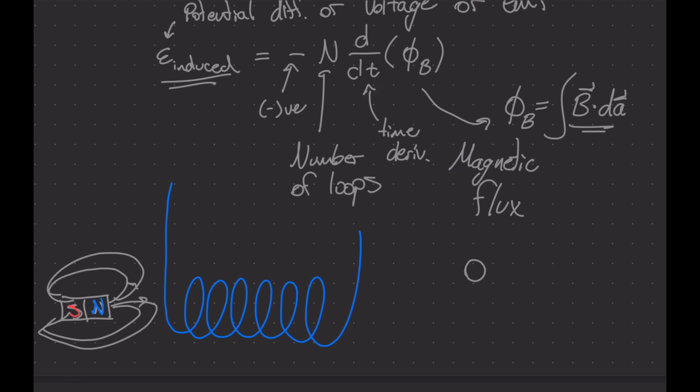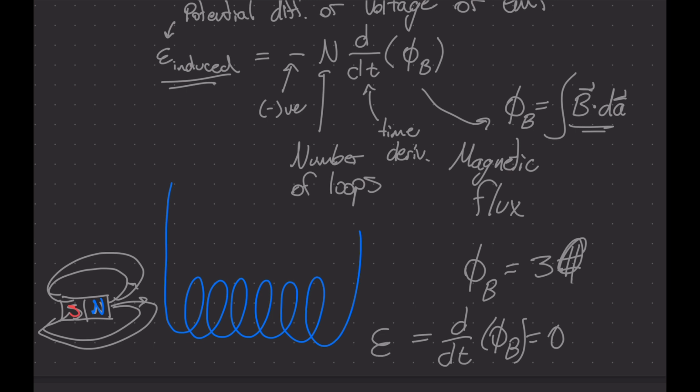So if the magnetic flux is just equal to like 3, whatever the units are, some random arbitrary units, then d/dt, the derivative of flux, will give you 0. And then that means EMF is equal to 0. So if the flux is not changing, you don't get an induced EMF. Okay? If the flux is changing, however, like for example, I'm moving the magnet in and out, then you have an induced EMF.